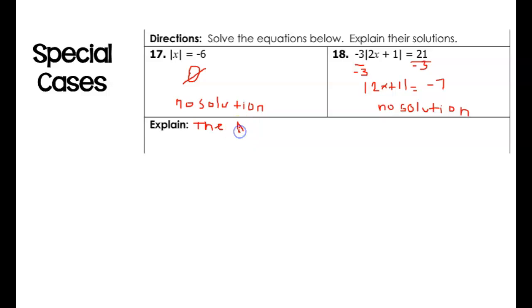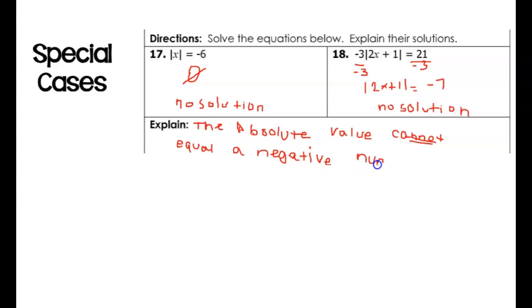Okay, so the absolute value cannot equal a negative number, and here's the key, guys, after you isolate it.